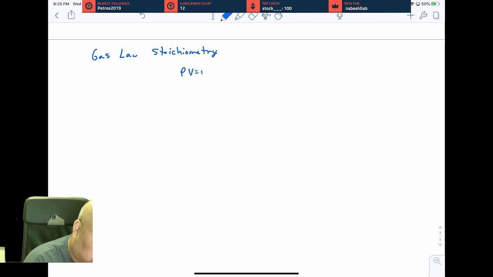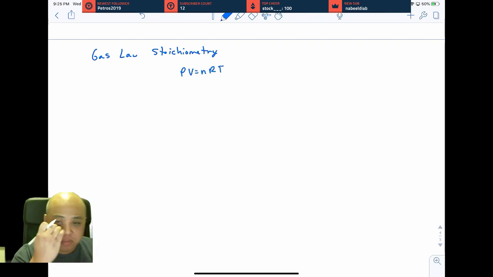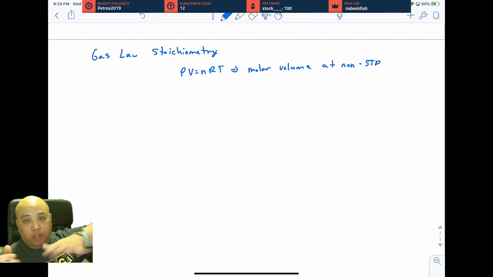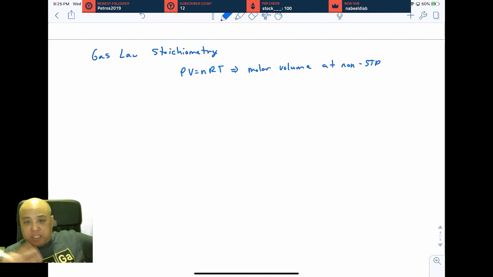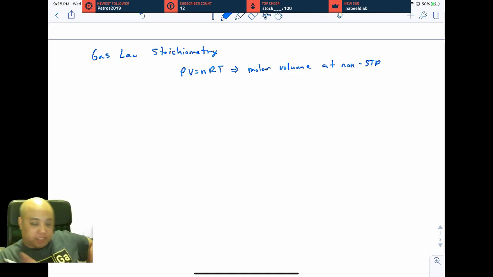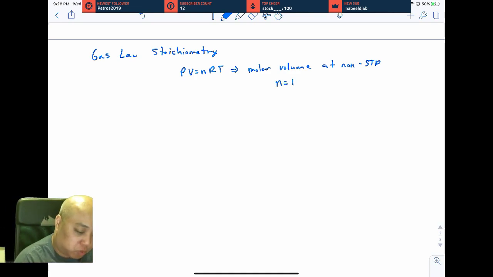Well, you don't have to use PV equals nRT, but sometimes you do, because when you're at non-standard conditions, you need to figure out the molar volume at non-STP. So for your conversions, you may use PV equals nRT to figure out what the molar volume is at non-STP, given the temperature and pressure for that case, and you just plug in n equals 1.